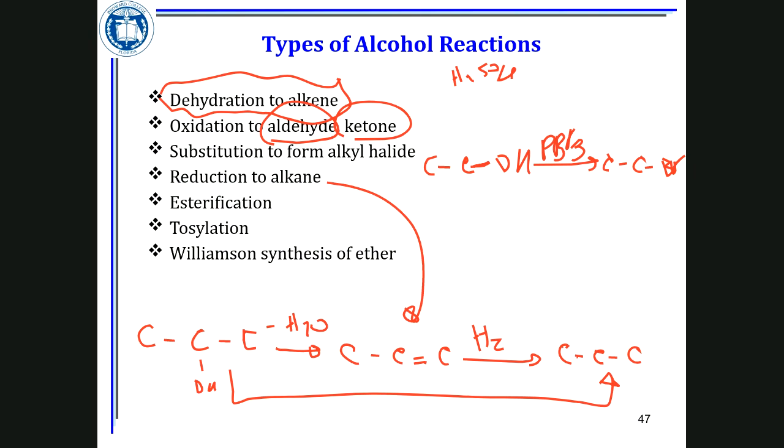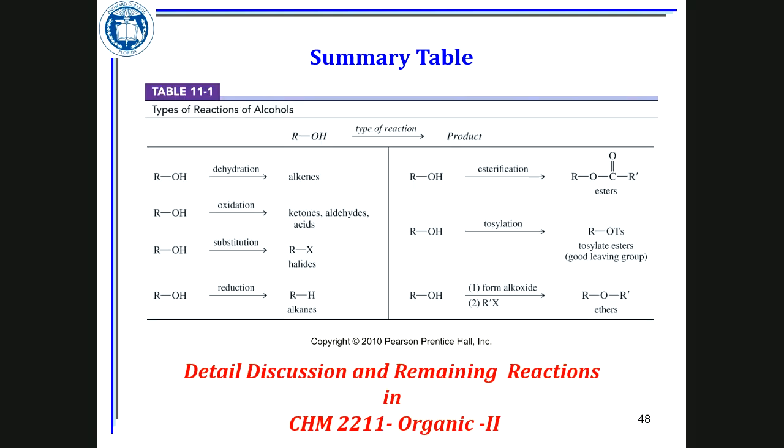Esterification, formation of the esters. Alcohol plus acid gives you ester. Tosylation, to change it to a better leaving group. Williamson synthesis of ether. Those are other reactions of the alcohol, and you will learn most of these reactions in organic two. So you can start with the alcohol to go to alkene by dehydration.